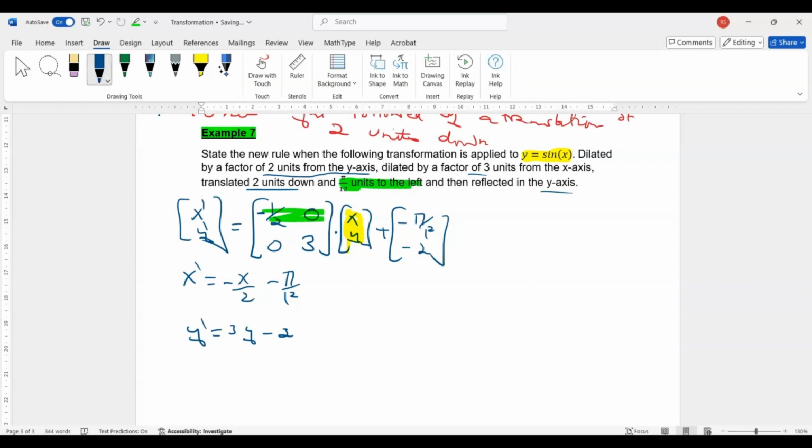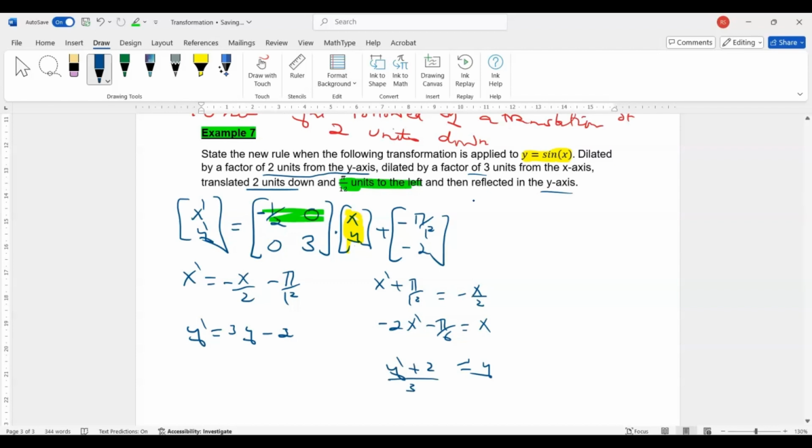In doing so, if I make x the subject, the x image is going to give me negative 2x pi minus pi on 6. And that is my x. And my y will be doing the same thing again. So y in this case will be y the image plus 2 over 3.